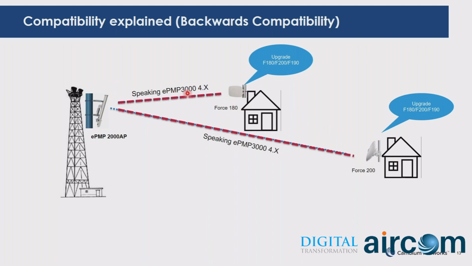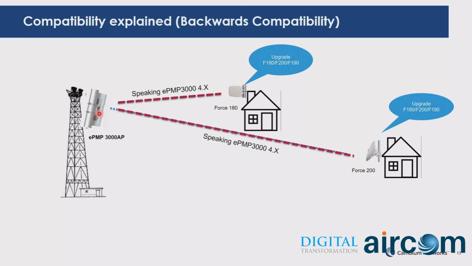All you have to do is to upgrade your software to our 4.x version, because the legacy software for the 11 NSMs is the 3.x. Once you have upgraded every device on your network to 4.x, and also the ePMP 2000, they will be speaking to ePMP 2000, and then you swap the ePMP 2000 to ePMP 3000, and that's it.